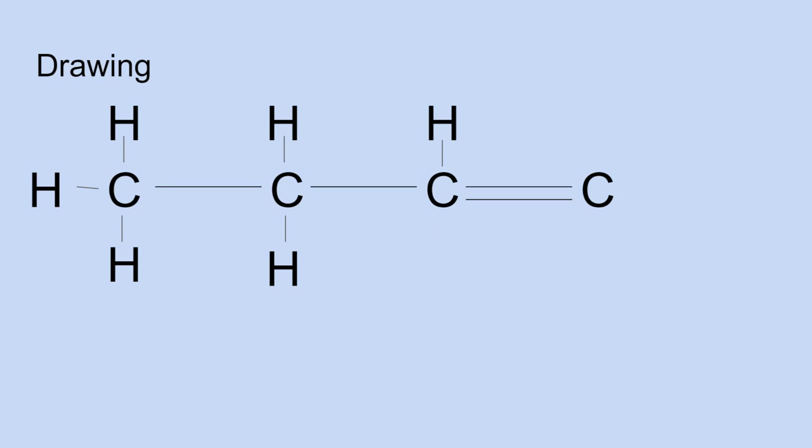Then our carbon on the right-hand side, we have 2 bonds coming out of it, so we just draw 2 hydrogens there. Okay, they can be facing up, down. You could have one at a right angle rather than opposite each other. It doesn't matter how you draw them, or if you draw them at slightly bent angles, that's fine as well.